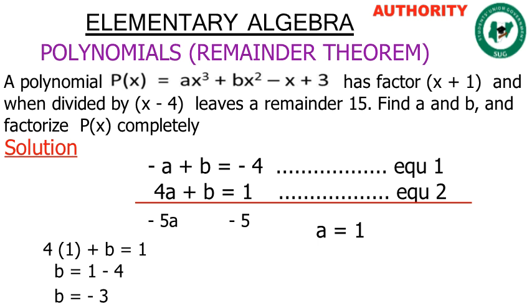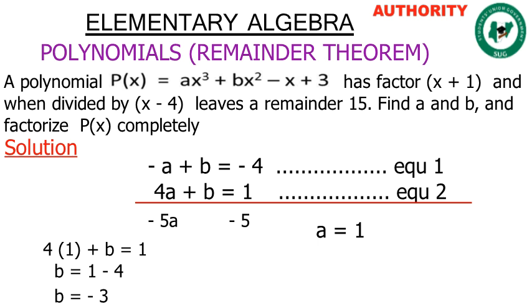Alright, now let's fix our value for our main function. We have found the value for a and b. Now let's replace it back. So we're going to have our function p of x is equal to ax cubed plus bx squared minus x plus 3.